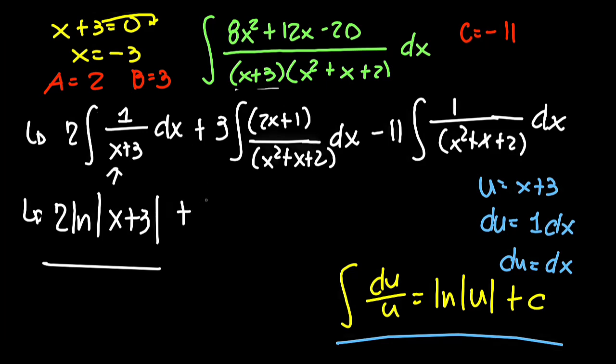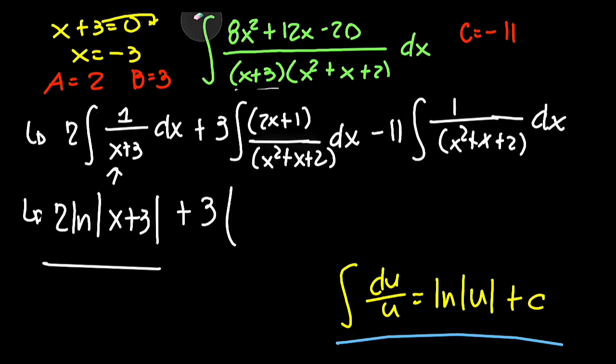For the second part, this would be 3 multiplied by the integral of this again. Once again, let us use u substitution here. Let u here be the denominator once again, which is equal to x squared plus x plus 2.